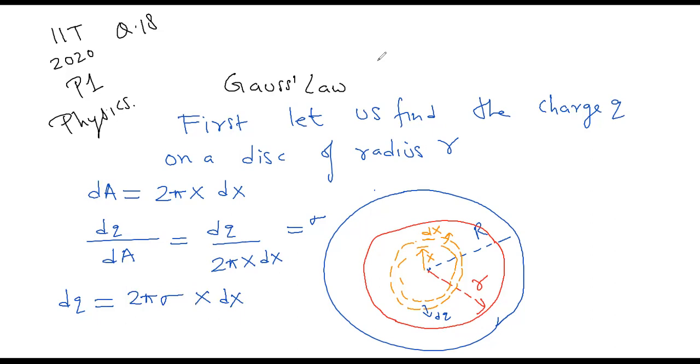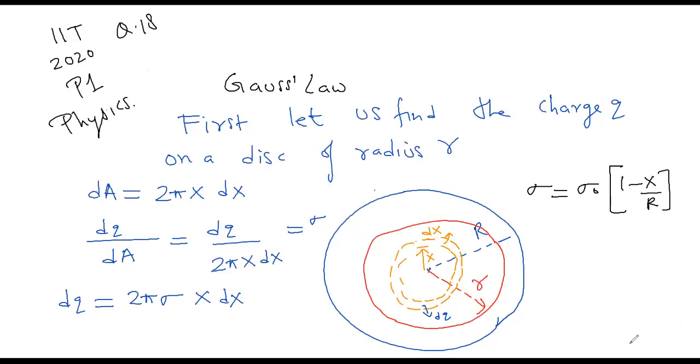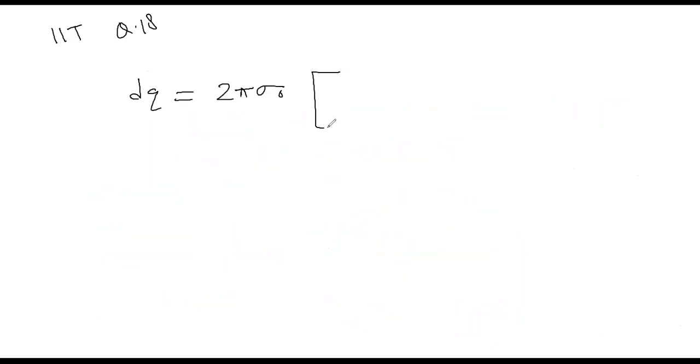Now as per the question, sigma is equal to sigma naught times (1 minus x by capital R). Therefore, dq will be 2 pi sigma naught (x minus x square by R).